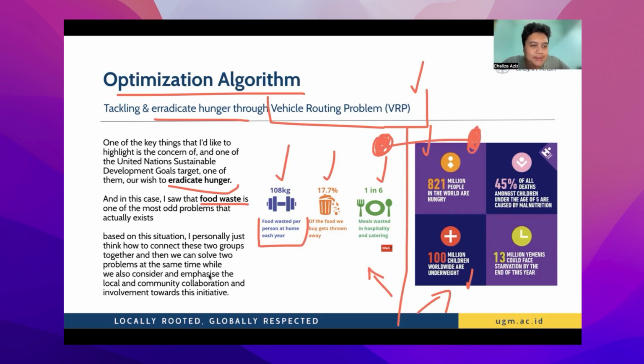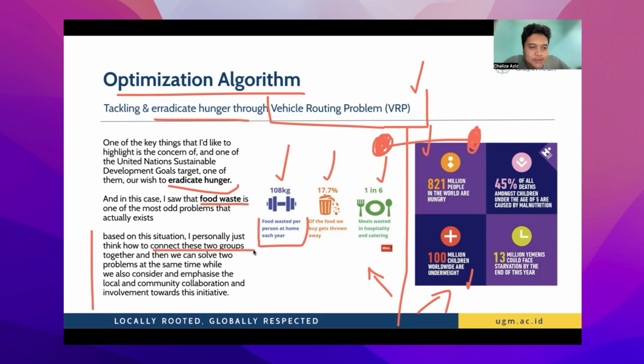It's not supposed to be a problem. In our Muslim community, we're supposed to understand the word mubazir, which means that if we waste food, it's also considered a sin because Allah Subhanahu wa Taala doesn't like people who waste food. So again, I already made a point here.